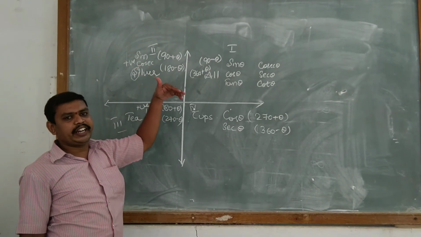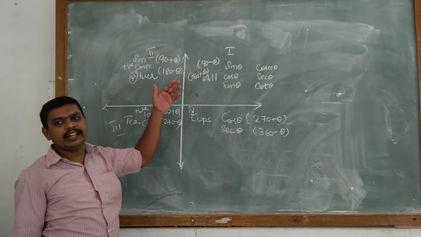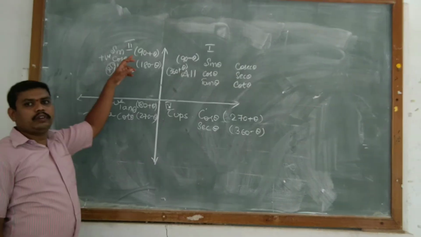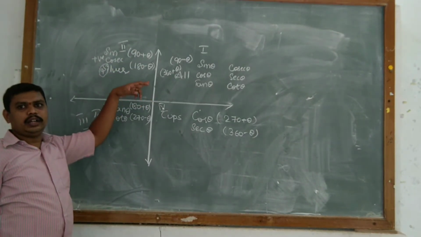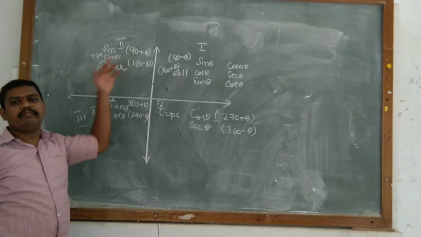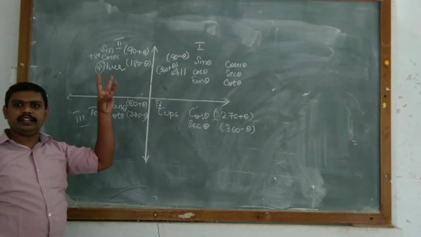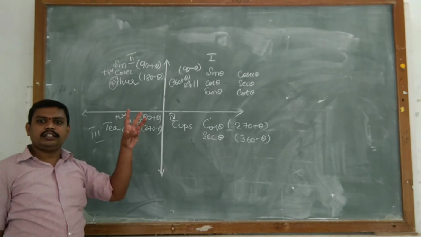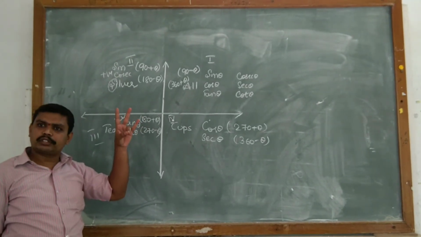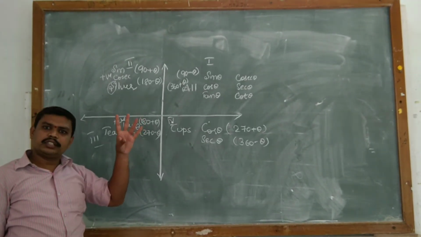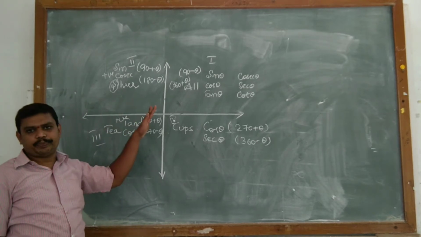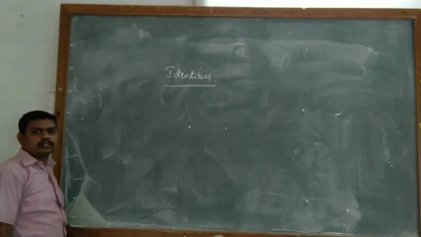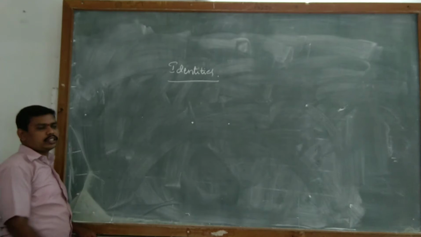For every 90 the ratio will change. For 180 and 360 there will be no change in the values. So sine will become sine, cos will become cos, tan will become tan, cot will become cot, and cosecant and secant will be the same.